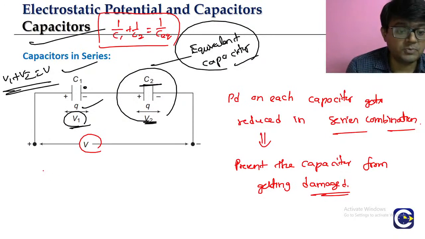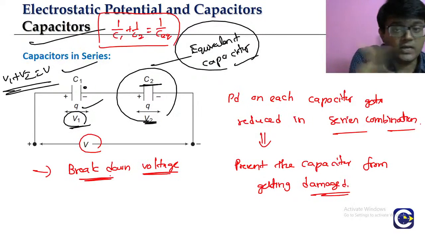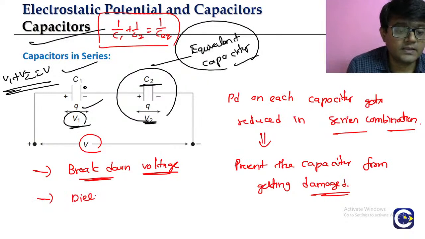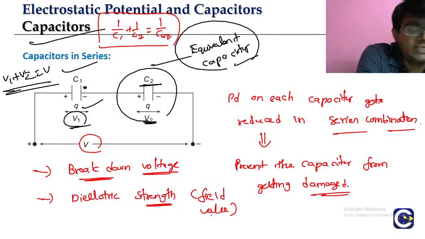These two terms are important. Breakdown voltage is the voltage value where the ionization is happening. Dielectric strength is the electric field value where the ionization is happening.